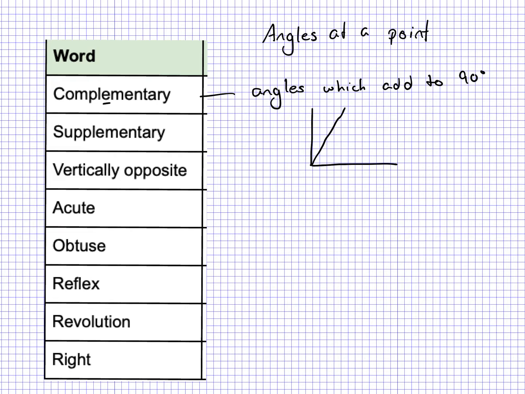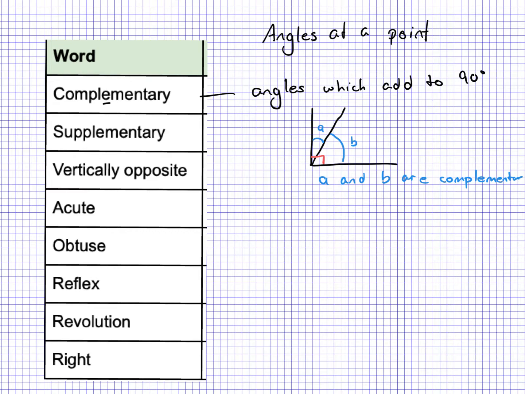So if this was 90 degrees here, we would say that that angle and that angle are complementary. We can call this one A and B, so we'd say A and B are complementary. Spelt with an E. Remember that.